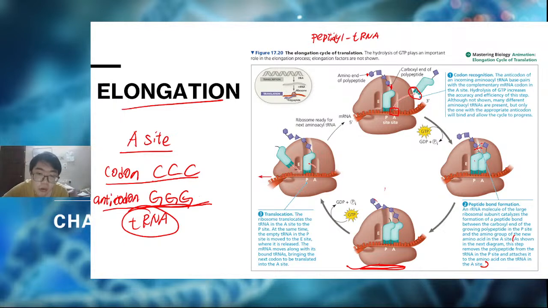So the ribosome, yang paling penting adalah first sentence. The ribosome will translocate the tRNA in the A site to the P site. So maksudnya yang A site ni, the tRNA at the A site will be translocate to the P site. Dia akan berpindah dari A ke P lah.